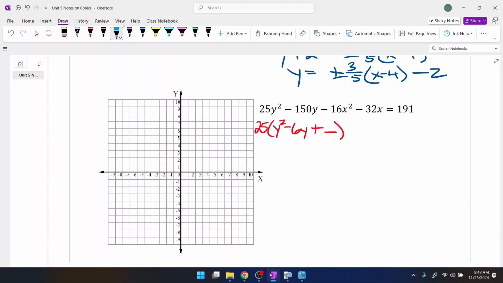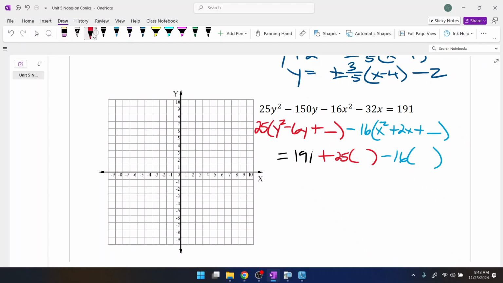And we're going to take out a negative 16 from x squared, so that will become plus 2x plus blank, equal to 191 plus some things. Plus 25 times that. And since this is subtracting, it'll be minus 16 times whatever went in here.